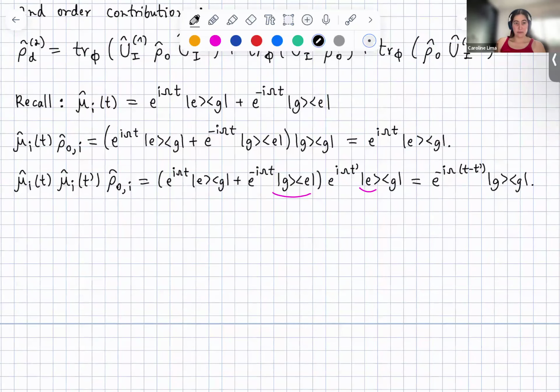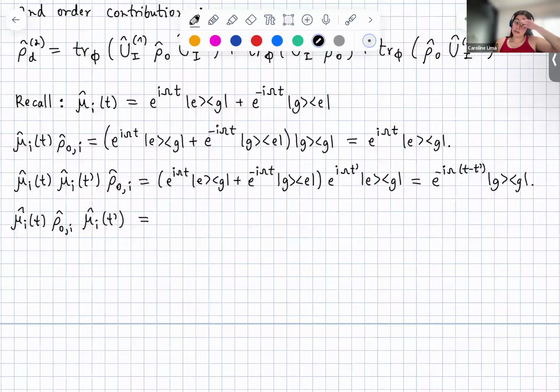And then one more case that we need to compute, which is the case for mu I from one side of t, and then rho, and then mu I of t prime, okay?